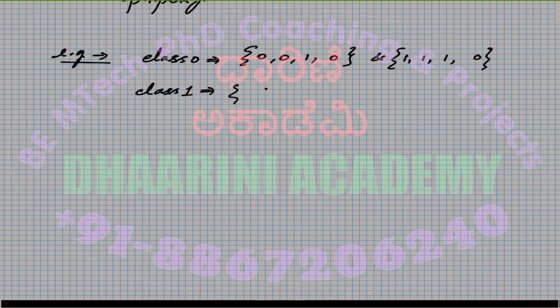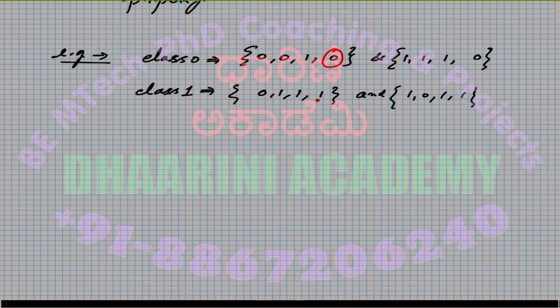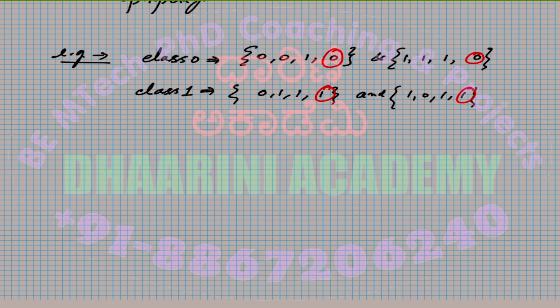This is actually the XOR problem if you look carefully. This is 0 1 1 1 and 1 0 1 1. As we know now, in this kind of representation, the last bit represents which class it is. All right, so this is our objective.